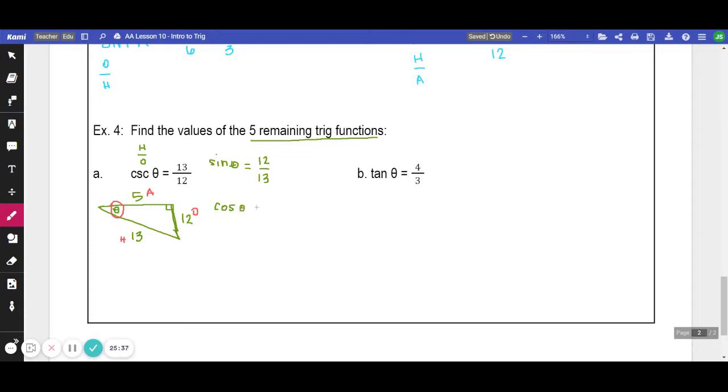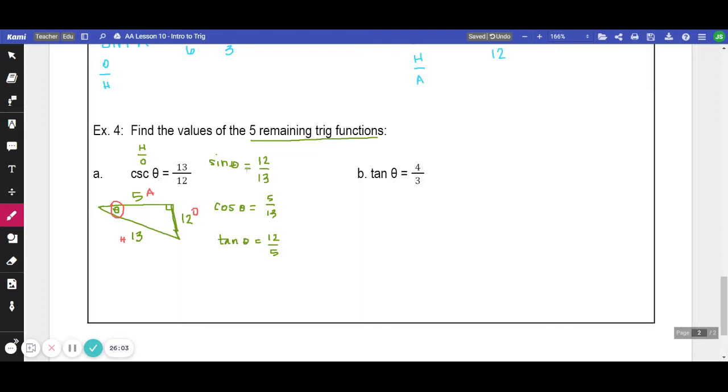Cosine of the angle. Cosine is adjacent over hypotenuse. So 5 is the adjacent over 13 is hypotenuse. Tangent of theta, TOA, opposite over adjacent. So 12 over 5. And then we need to do the 3 reciprocal functions.